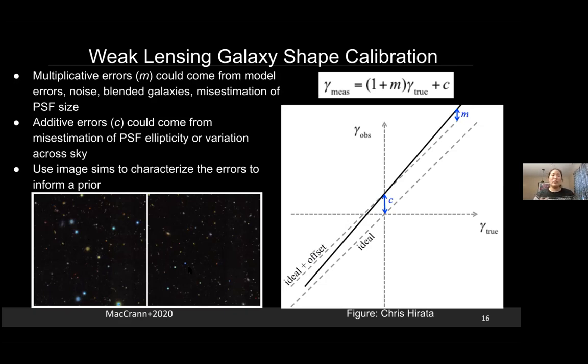The idea is that you want to get the properties to match as well as possible: distributions of color, galaxy size and shape, and signal to noise. And then you can say that the image sims are as representative as possible of the real universe, so that you can build these measurements to understand what these biases are.